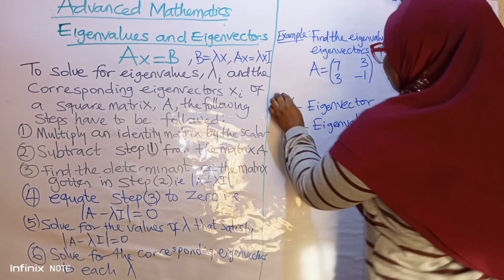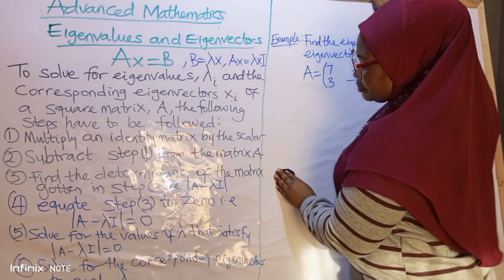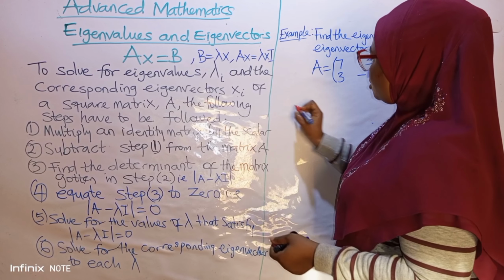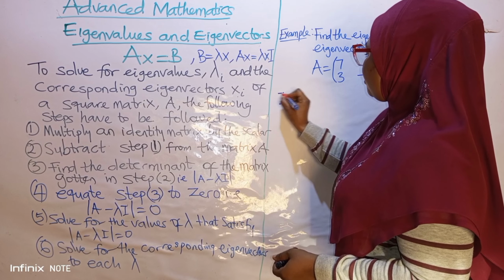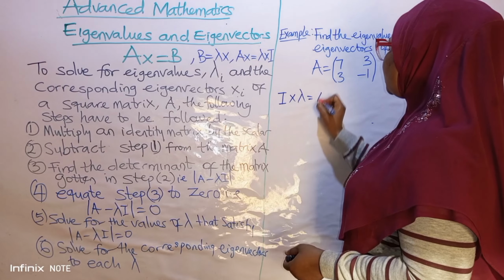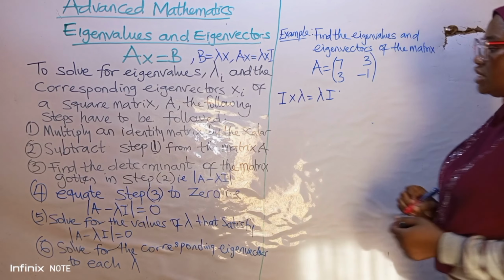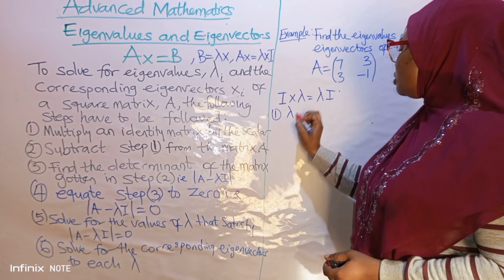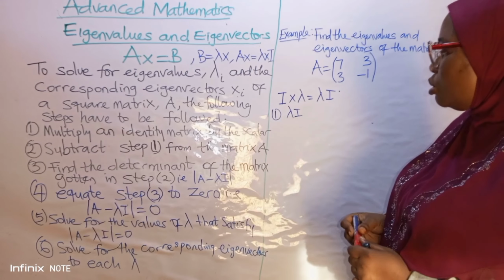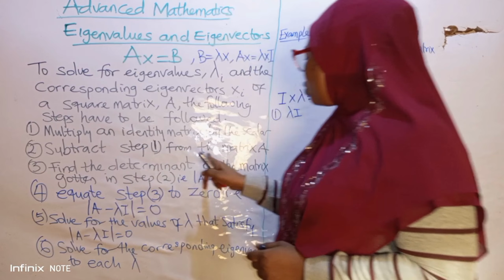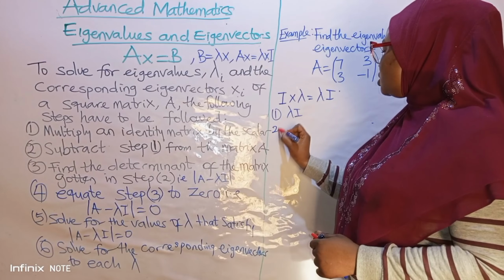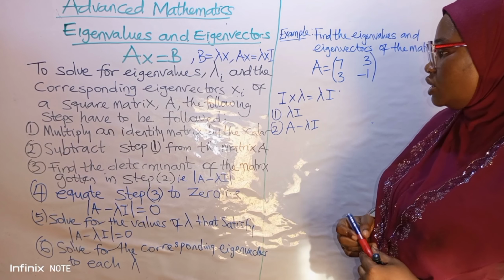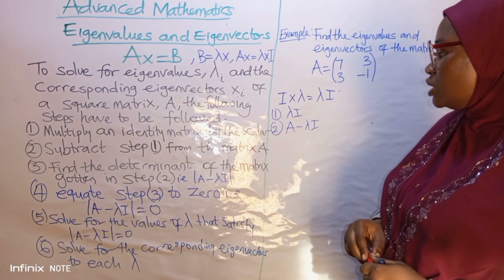That means you have I multiplied by lambda, which can be written as lambda I. Step 2 is that you subtract step 1 from matrix A. So this is step 1, and we want to subtract it from matrix A. Step 3, find the determinant of the matrix gotten in step 2.